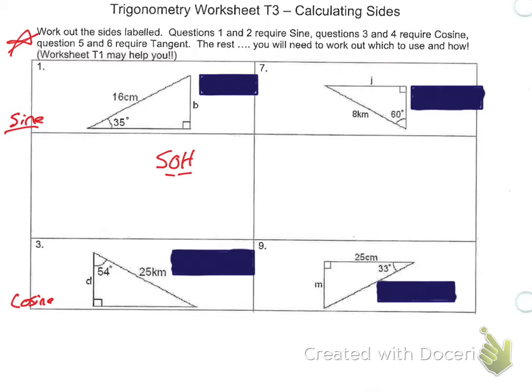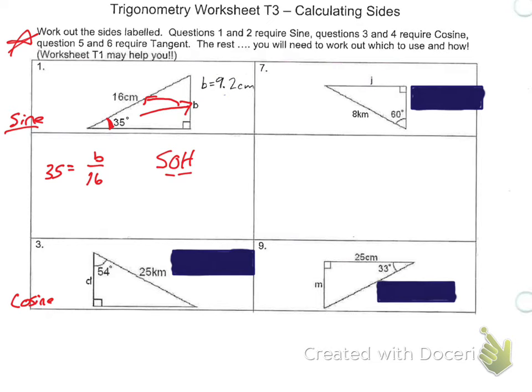So we start at our angle right here, and what we're going to do is the opposite over the hypotenuse. So sine 35 is equal to B over 16.